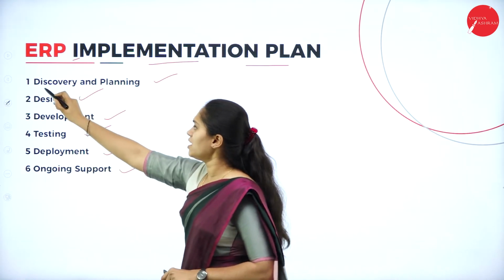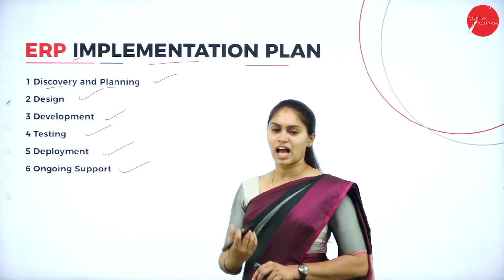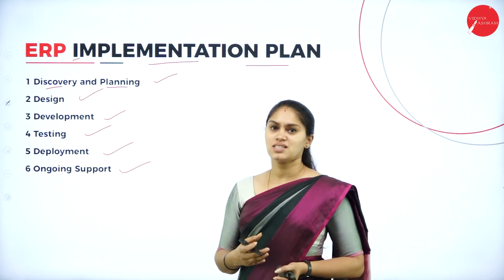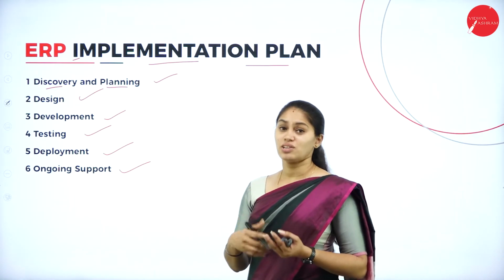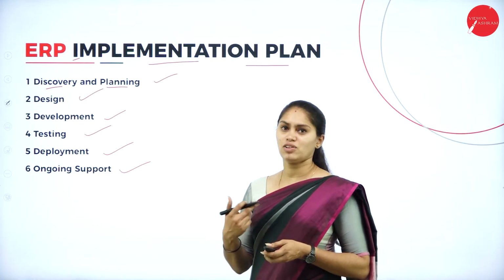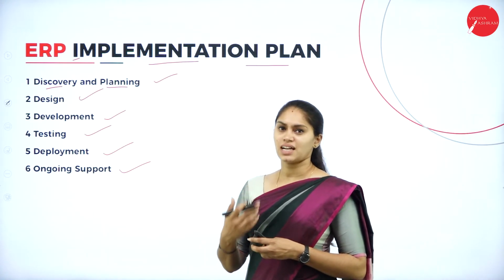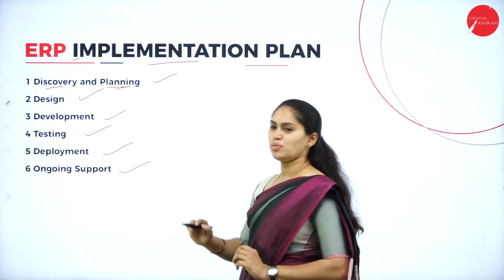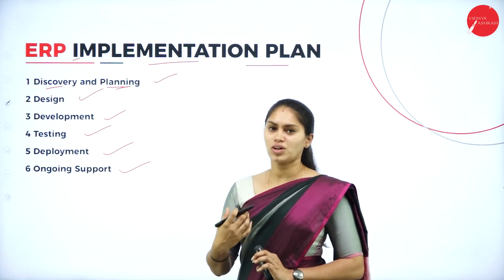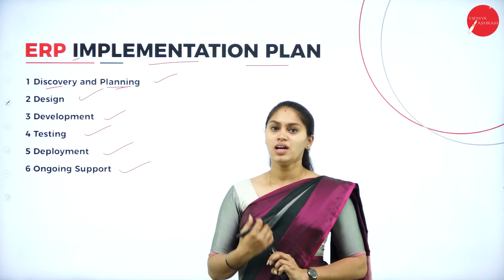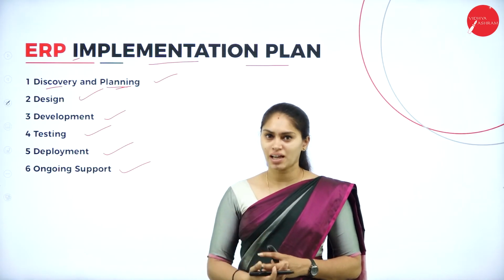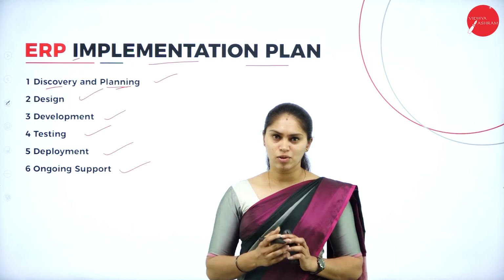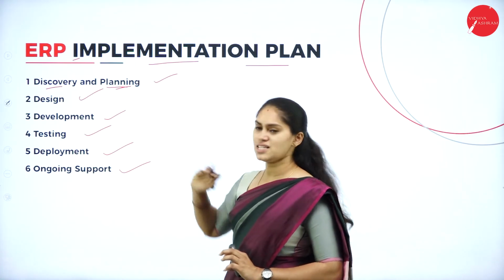When it comes to discovery and planning, we have to dig up the features required for my organization, which will satisfy the requirements of the business and of the users. Then we have to plan what we have to do, what features we are supposed to include, where it can be used, and how it can be used. That planning takes place in this first step.